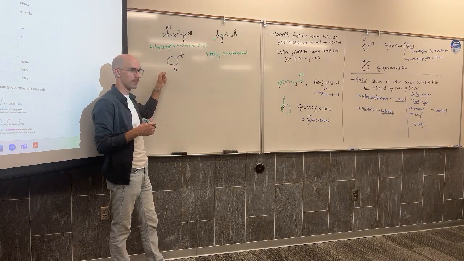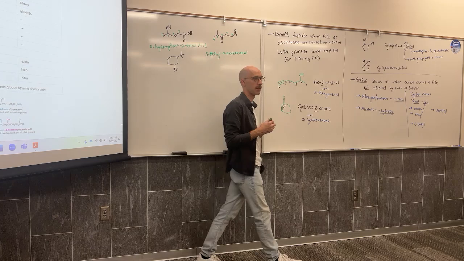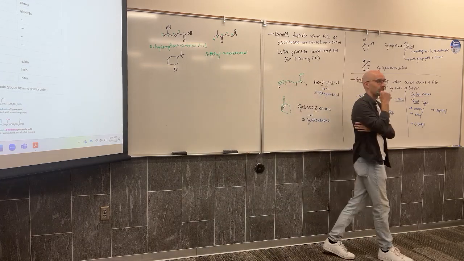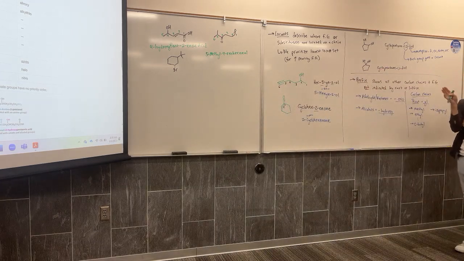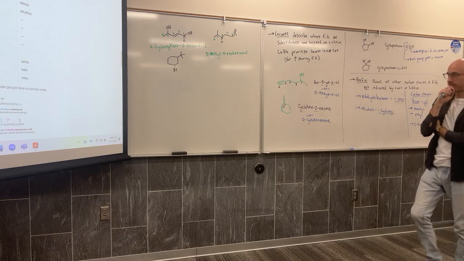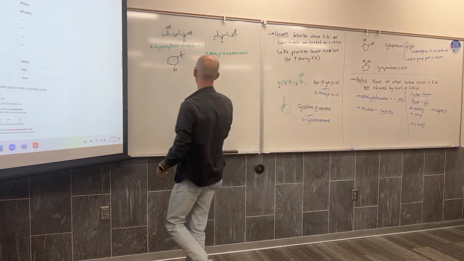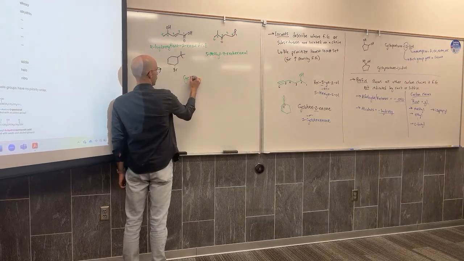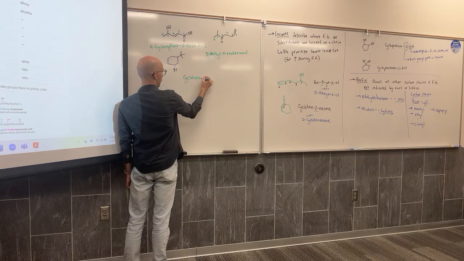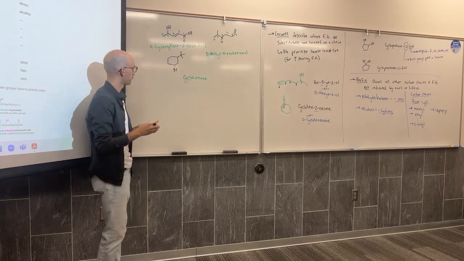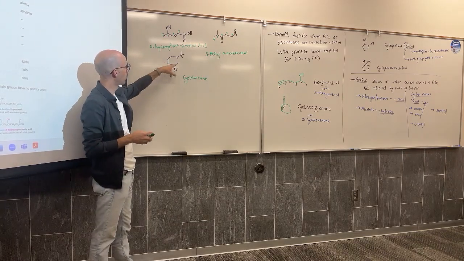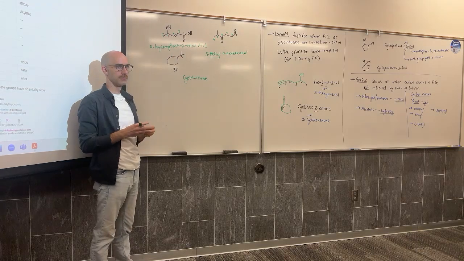Now this one is a little bit more challenging in terms of what locants should be given what. So, what is the root and suffix for that last compound? Cyclohexane. Which means that these two groups are going to show up in the prefix. Bromo and tert-butyl.